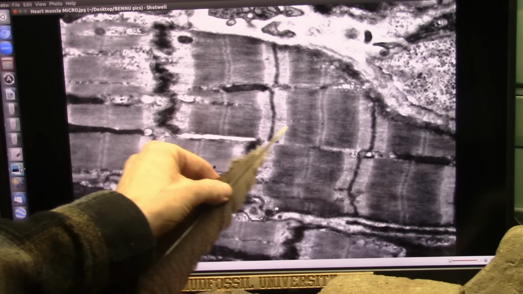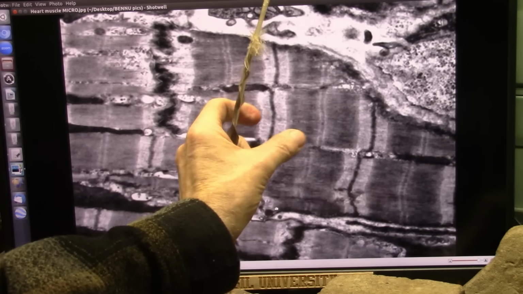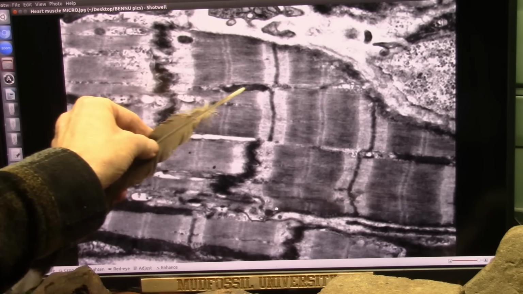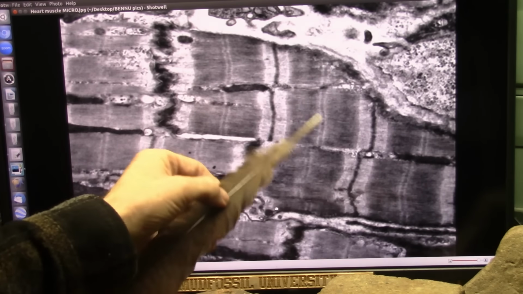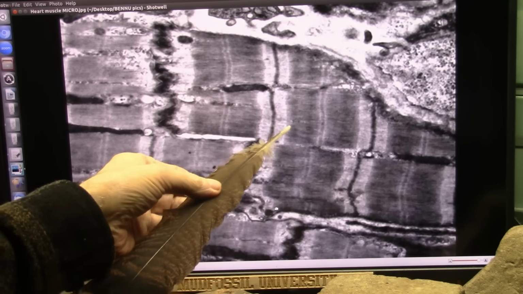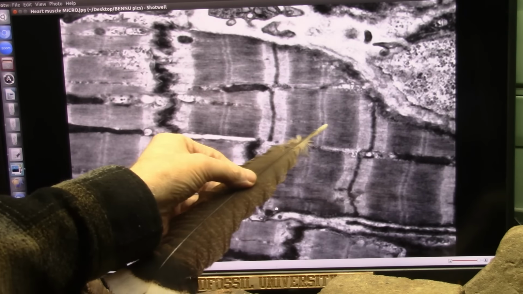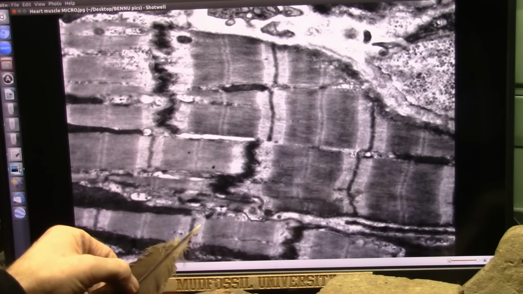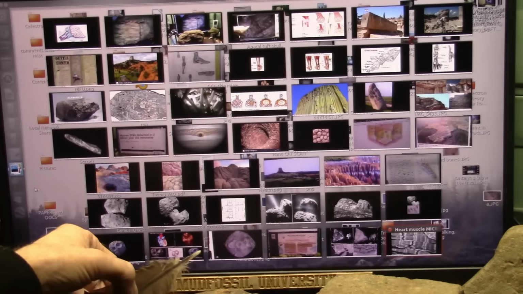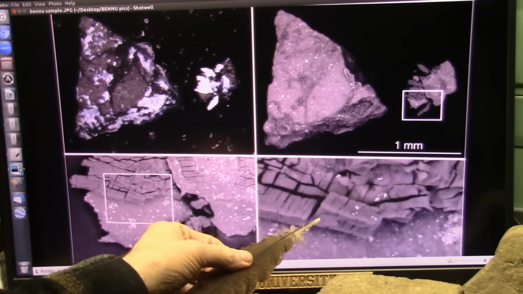These are the sarcomeres. They're little blocks. And they have membranes over the top and under them. And they're phospholipids, which means they have phosphate signature on them. And these are the muscle of a heart, which is not much different than other muscles. It's configured a little different. But this is what they came back with.